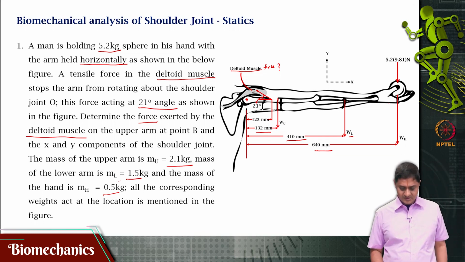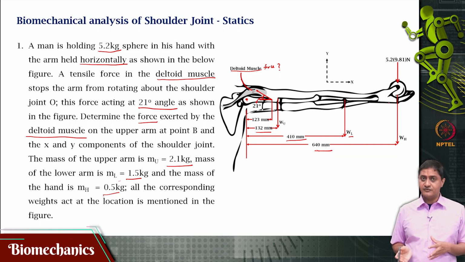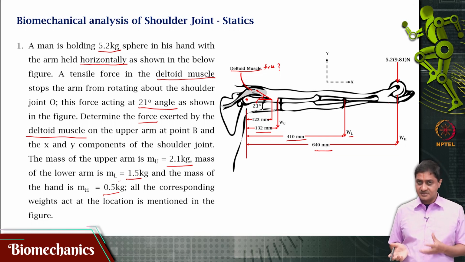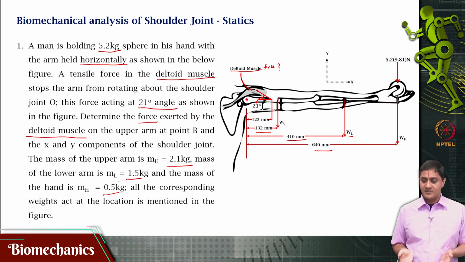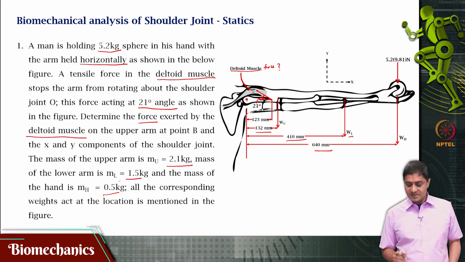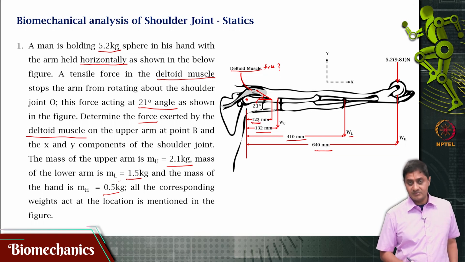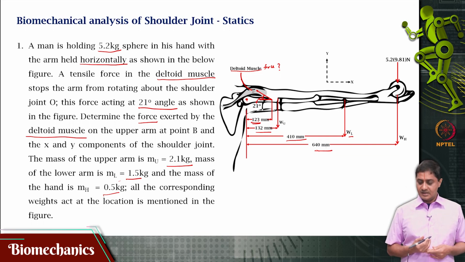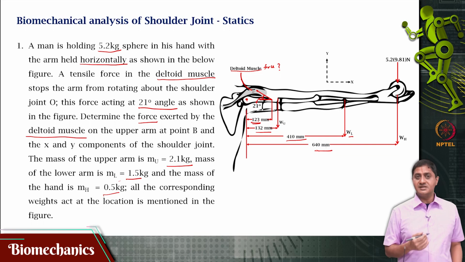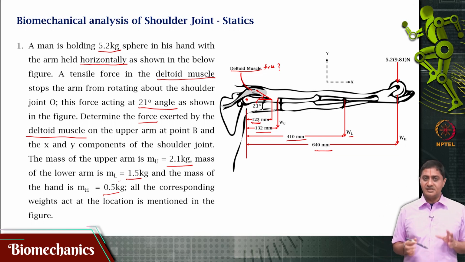Now, given all the forces that are acting and the distances at which they act, and that the deltoid muscle inserts at a distance of 123 mm from the joint and its force acts at an angle of 21 degrees to the horizontal, can you tell what is the force that is produced by the deltoid muscle? This is all we need to know.